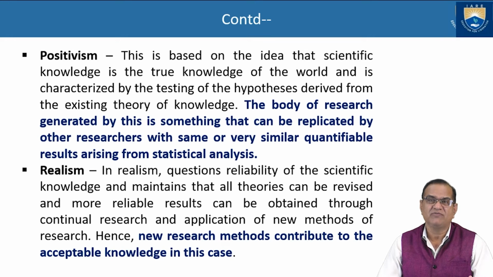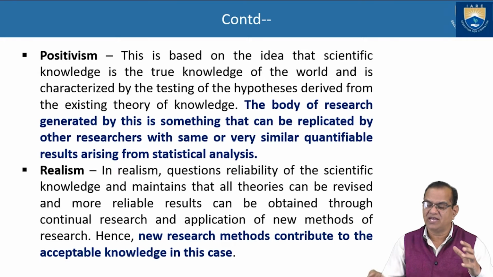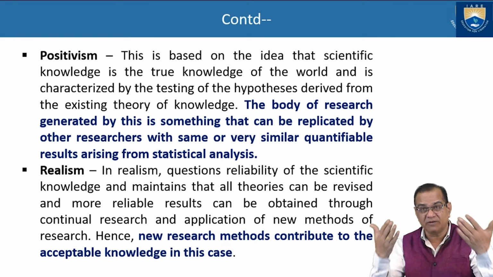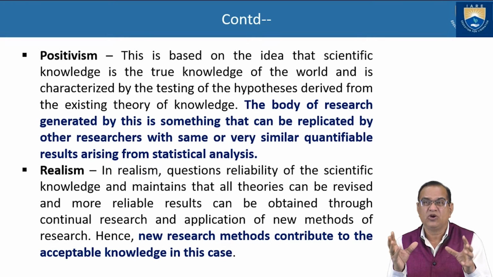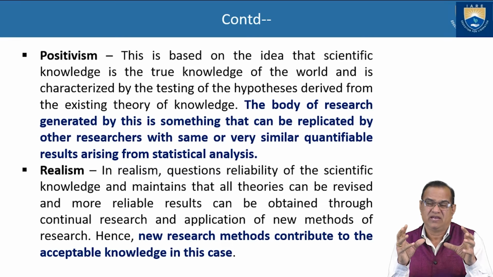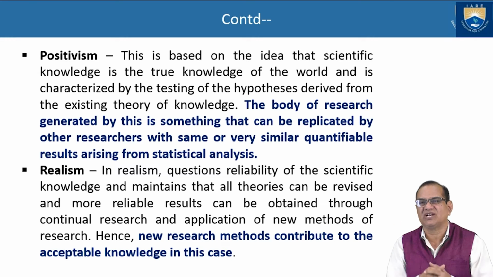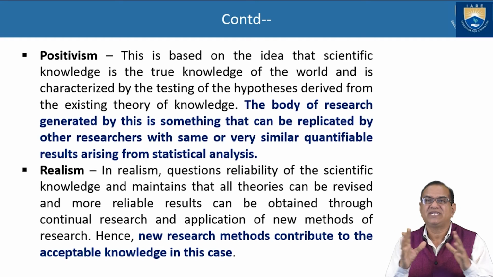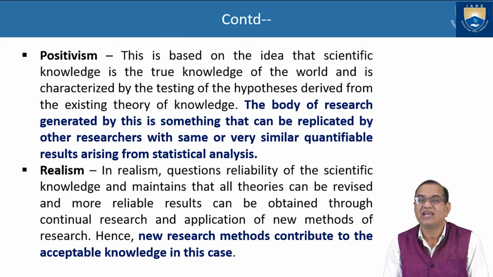So the body of the research generated by this is something that can be replicated by other researchers. It means if the person who has done this work, or some other persons, are doing it under the same conditions, same scenario, same variables, they should get the same result. So that is called positivism. Next is realism.